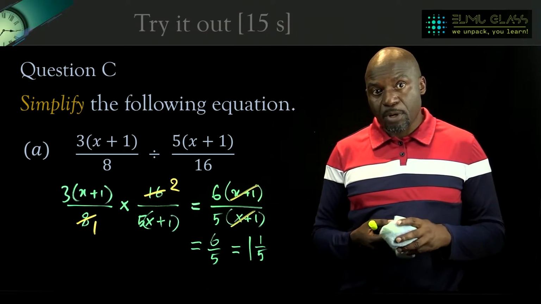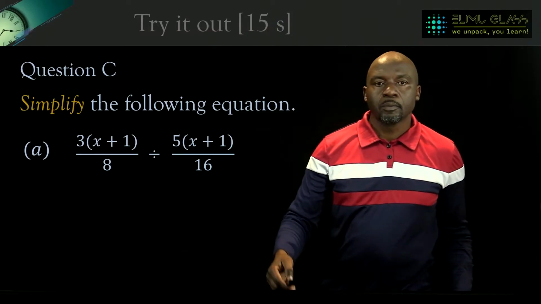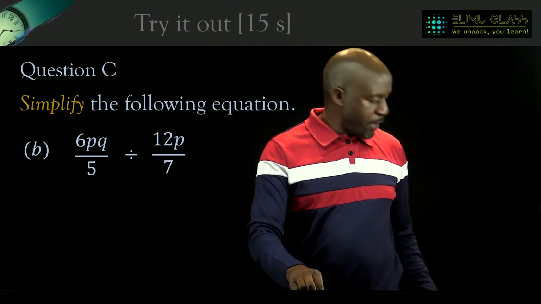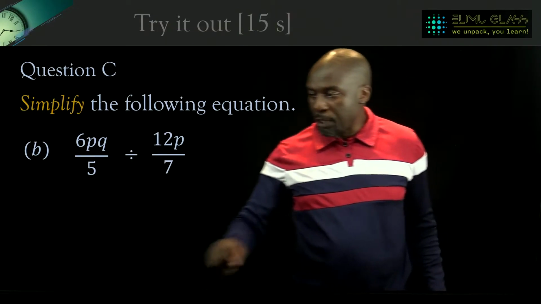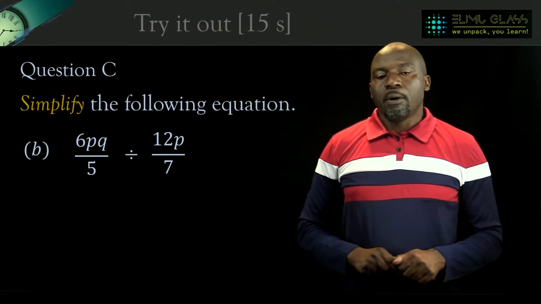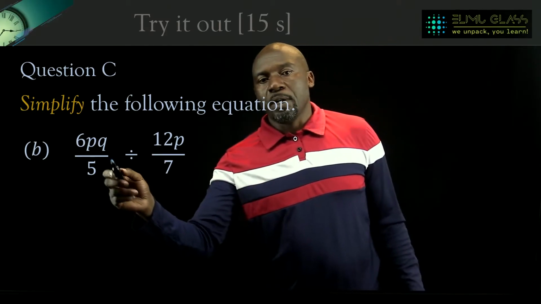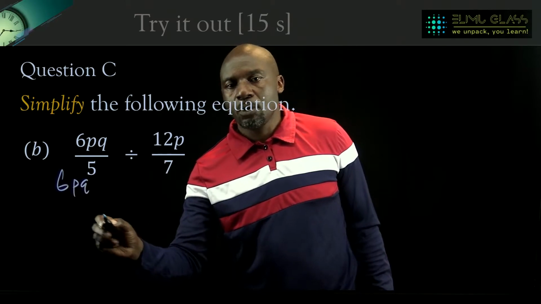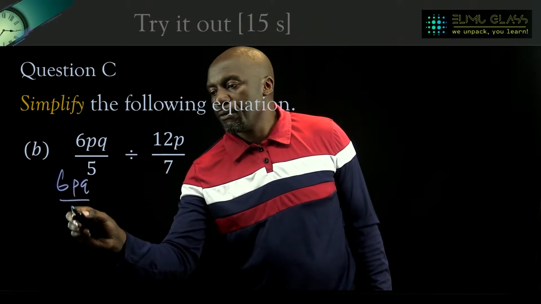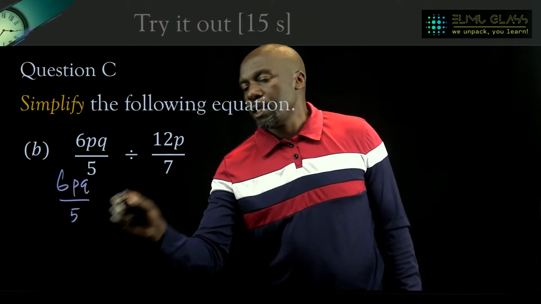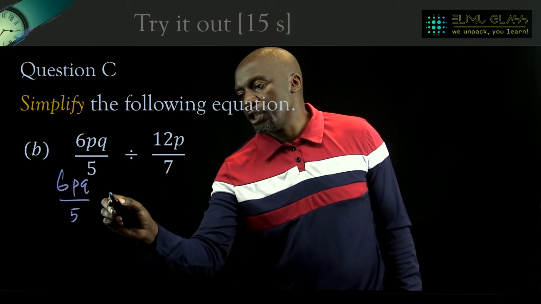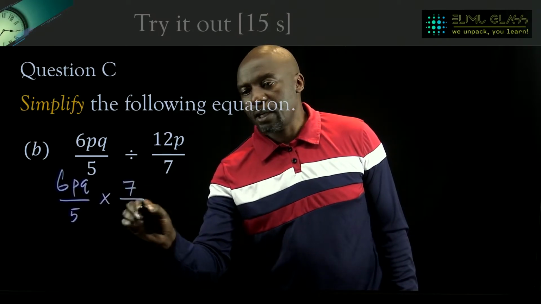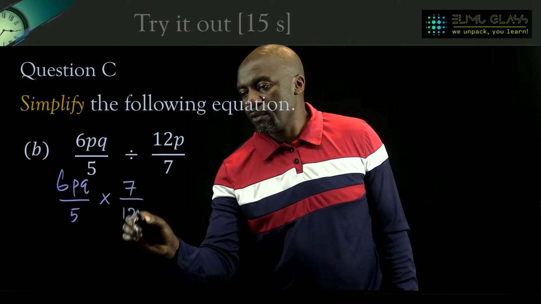I think there is probably a part B. Okay, so part B, again, we are being asked to divide those two fractions. All right, so once again, we will write 6pq divided by 5. And instead of the division sign, I can change to a multiplication sign and then flip this one, 7 over 12p.